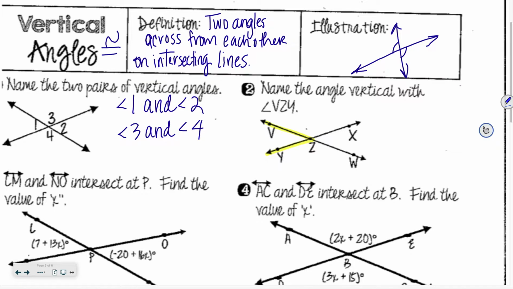All right, what angle is vertical with VZY? XZW, or WZX. Across from each other and always equal.